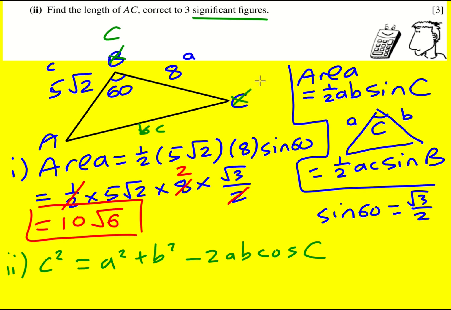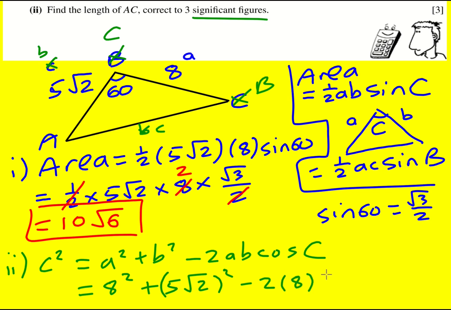And yeah, I can basically just swap them over. So that can now be B and that can be B. So I'm going to get 8 squared plus 5 root 2 squared minus 2 times 8 times 5 root 2 cos 60.